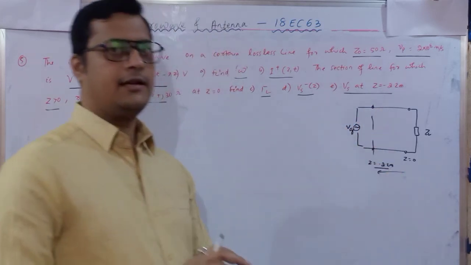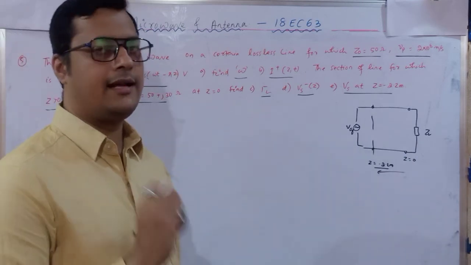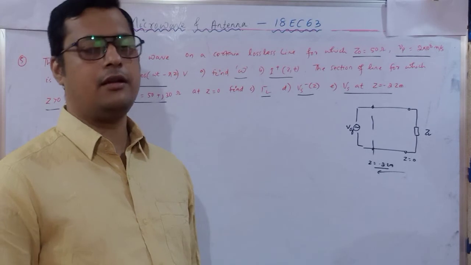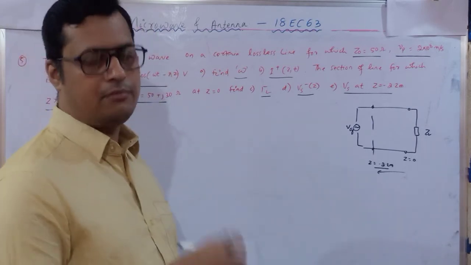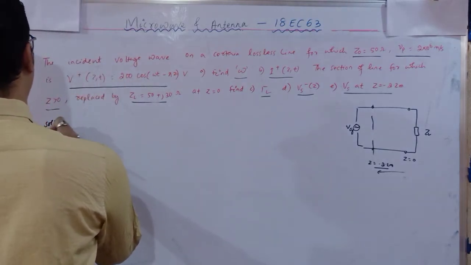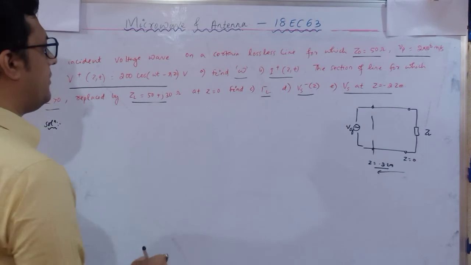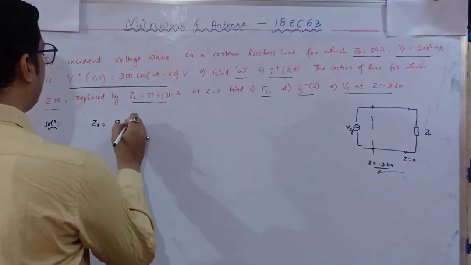So this is the thought process behind this particular question. You have to analyze it: where my source is present, where my load is present, what conditions are given. According to that you have to proceed. So first I will calculate the angular frequency, but before that whatever data is given I will note it down.